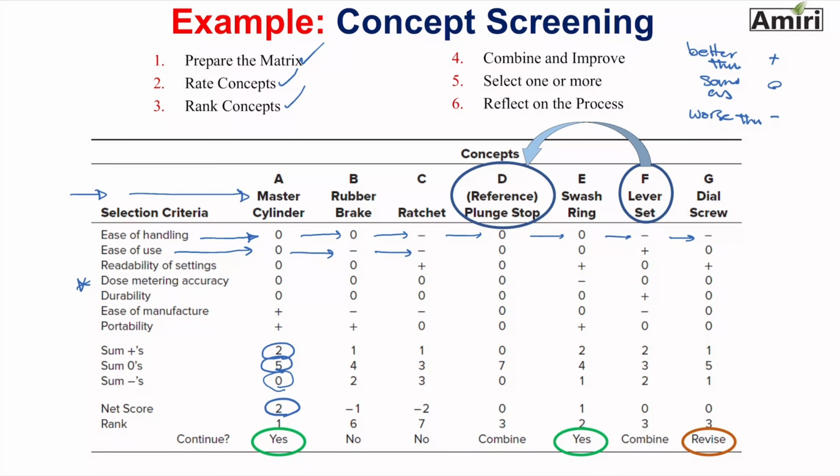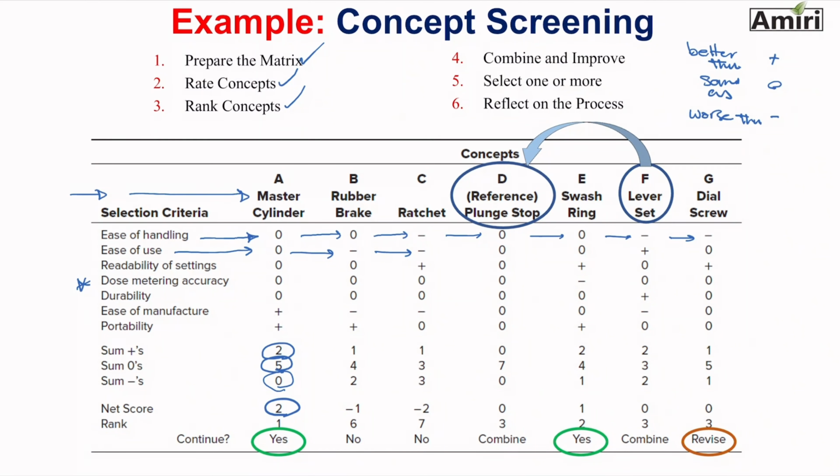And maybe they're a really good concept, but maybe they lack in one aspect of the criteria that we covered here. Maybe it's a really good concept, but maybe it's not very portable, which was the case in this concept.